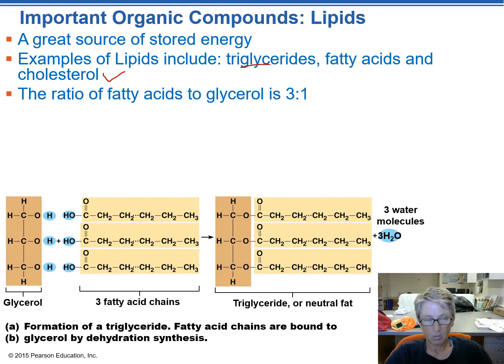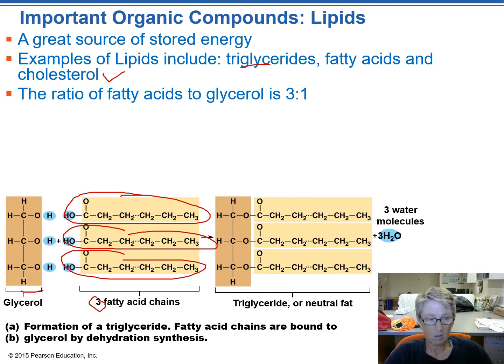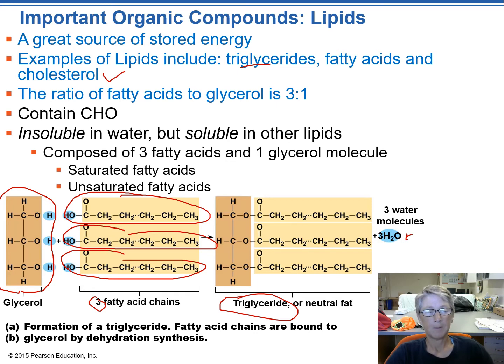So there's 3 fatty acid chains. Here's 1 fatty acid chain. Here's another fatty acid chain. Here's another fatty acid chain. And then here's the glycerol head group or molecule. You hook those together and you make a triglyceride or a neutral fat. And one of the products is water, 3 water molecules.